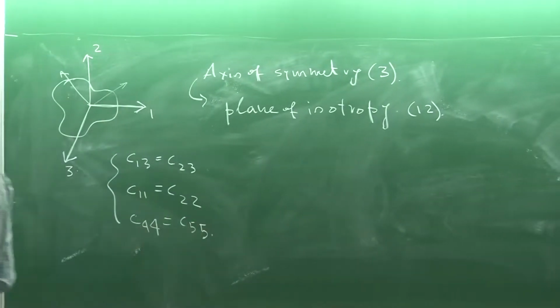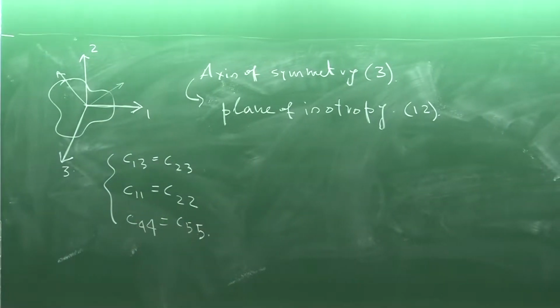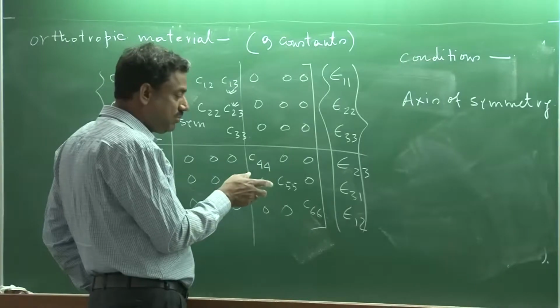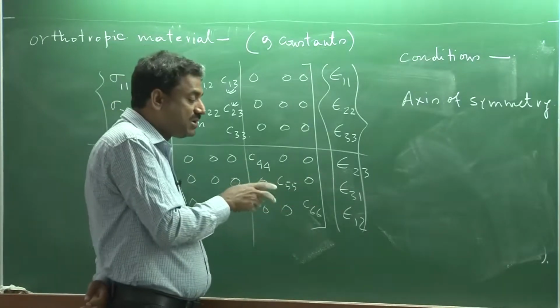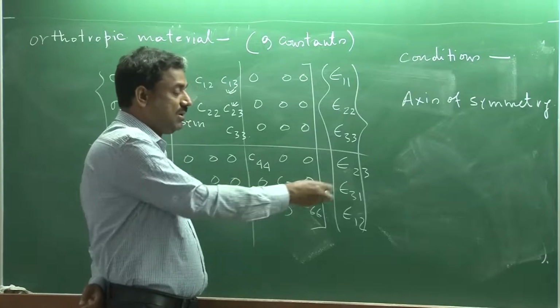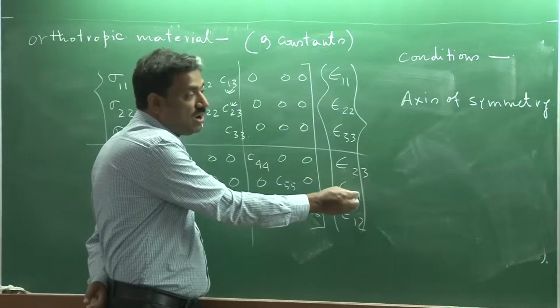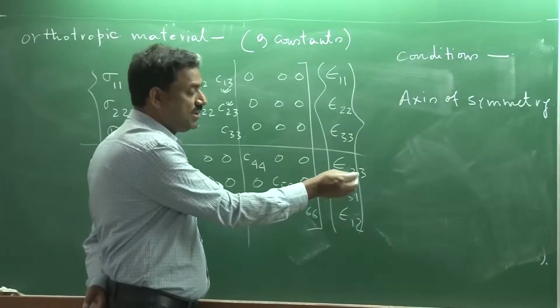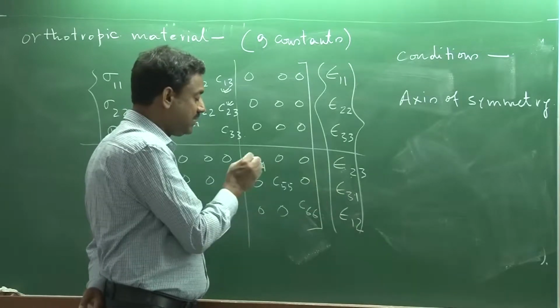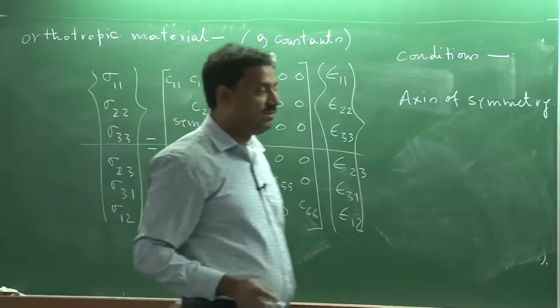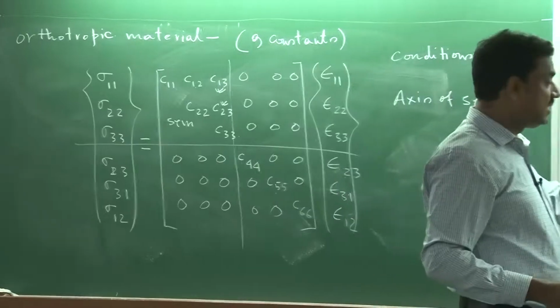That means whether you deform the material in the 2-3 plane by shear stress or in the 3-1 plane, it will be identical, because it will not be able to distinguish between 1 and 2, since 3 is the axis of symmetry. So, C44 must be equal to C55. So, you see 3 conditions.